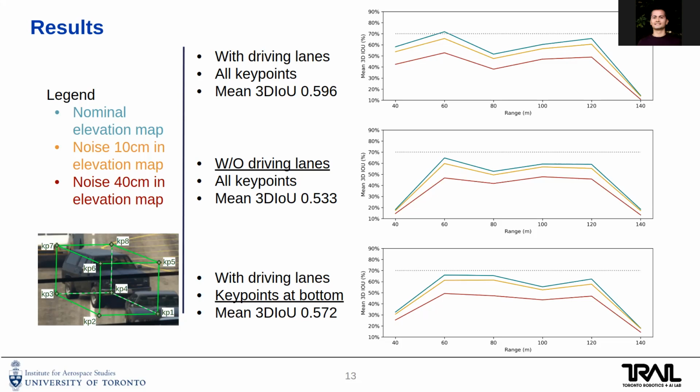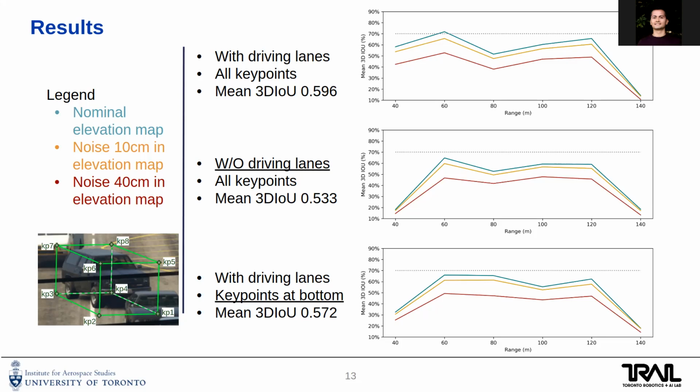The figure in the bottom right shows an experiment where we do use the driving lanes, but we only use the key points at the bottom of the bounding box for the 3D object descriptor. That means key points number 1, 2, 3, and 4, which is the minimum we need in order to clamp that 3D bounding box into the road surface.